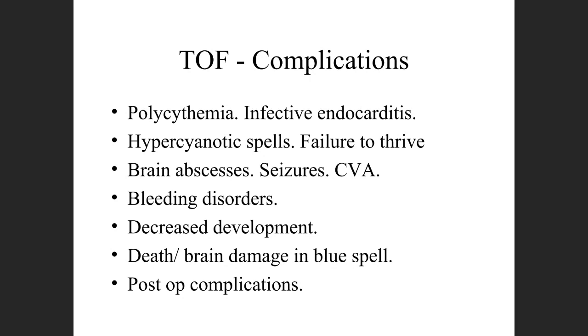And any patient with significant polycythemia or erythrocytosis may have bleeding disorders, so it's important to investigate the PTT as well as the platelets. They also have decreased development and may suffer death or brain damage in a severe blue spell, and complications which may come after surgical correction.